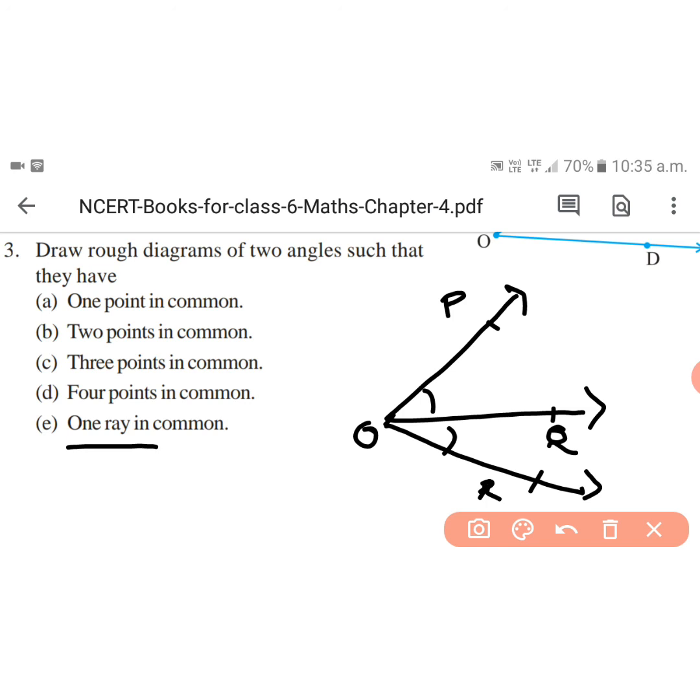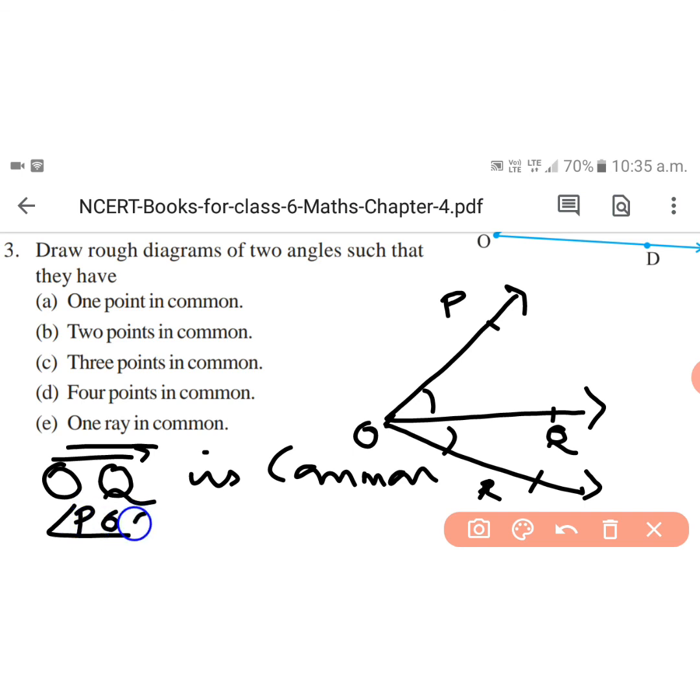One ray is common. OQ is a ray. OQ is common for angle POQ and angle QOR. So one ray OQ is common.